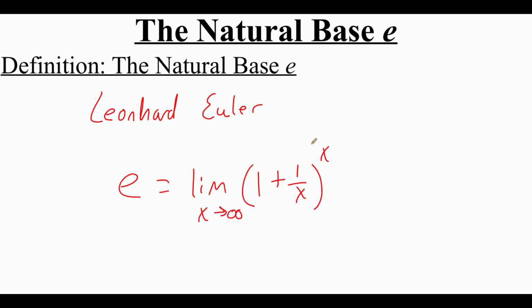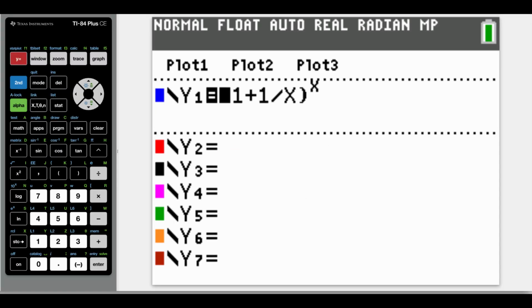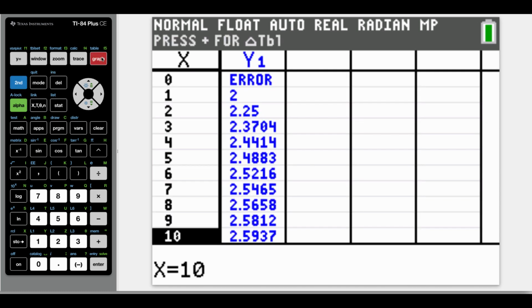So we can use this limit definition to help us approximate what e is, and I'm going to use my calculator to help me out. So in my calculator, I've got that 1 plus 1 divided by x being raised to the xth power, and I'm going to look at a table of values in here. So I'm going to go second graph. Now we're looking at the limit as our x values increase.